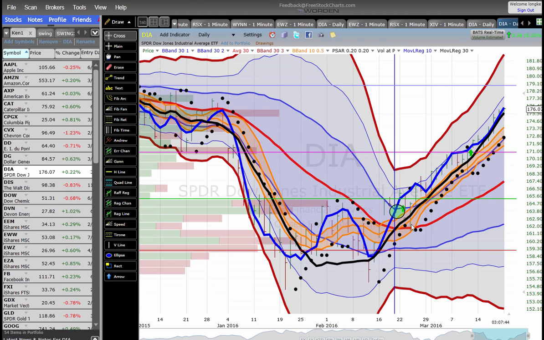Now, the reason this second entry is really good is because you have the initial regression line crossover here, and there's an actual trade in here. But now, this first pulse over and then up again, you have the regression line crossing the Dragon the second time. The 30 has gone from down to flat to up. It's crossed the Bollinger Band mean, so when the 30 regression line crosses the Bollinger Band mean, that's always a good sign. That means this run is officially done.